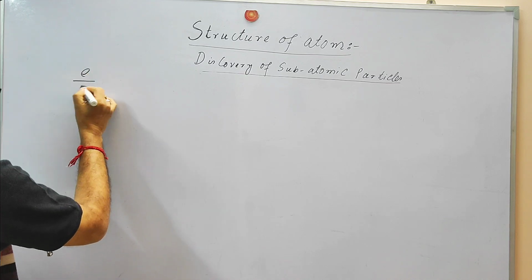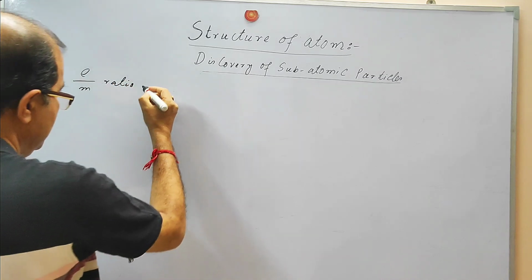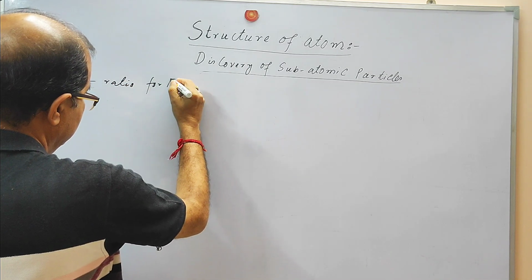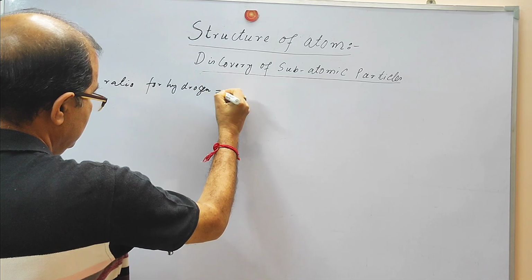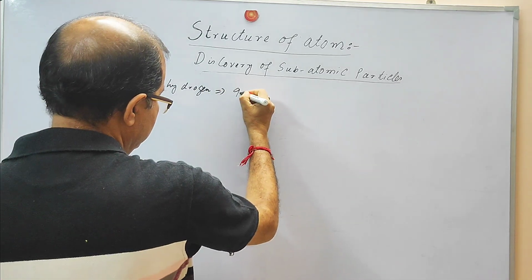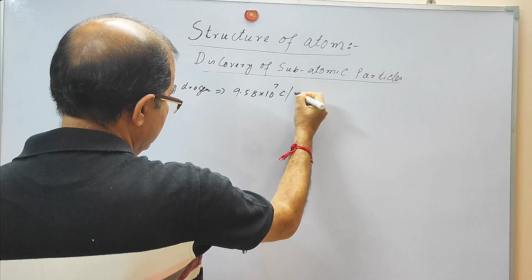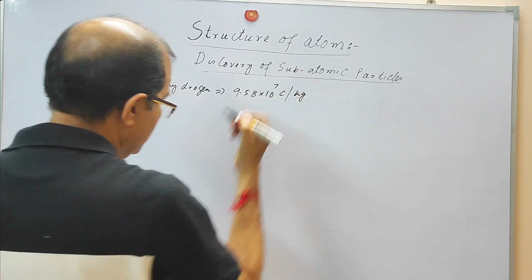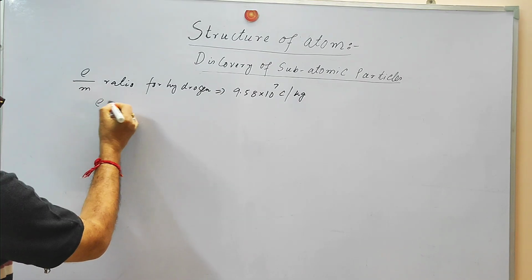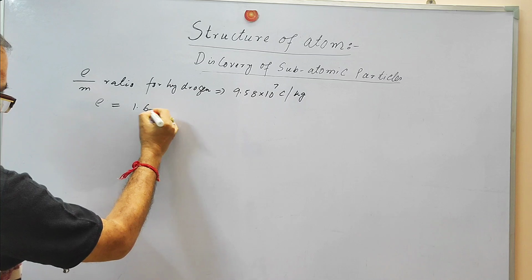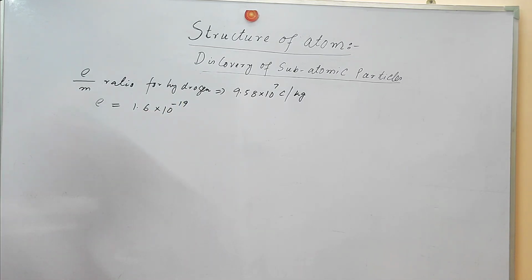The e/m ratio for hydrogen is 9.58 into 10 to the power 7 coulomb per kilogram. We already know the charge is 1.6 into 10 to the power minus 19.